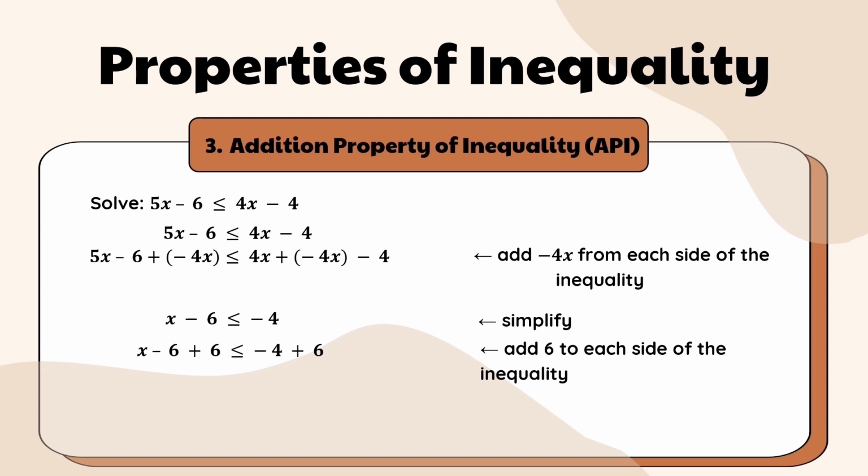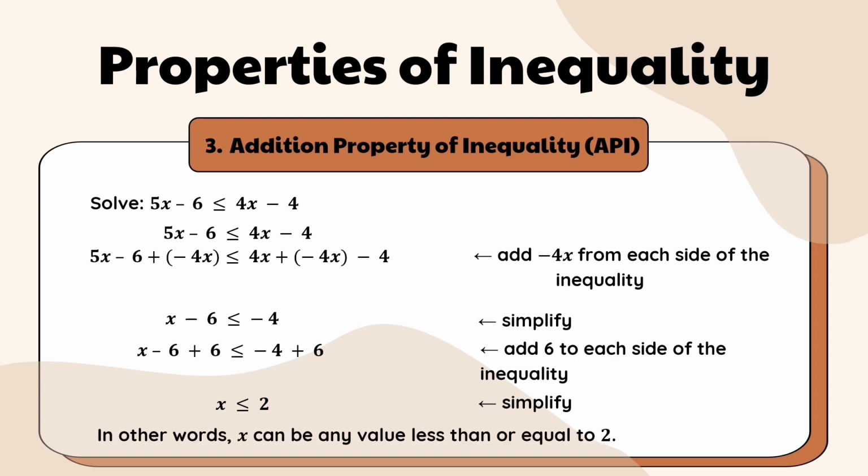Negative 6 plus 6 is equal to 0, and negative 4 plus 6 is equal to 2. So therefore, our answer here is x is less than or equal to 2. In other words, x can be any value less than or equal to 2.